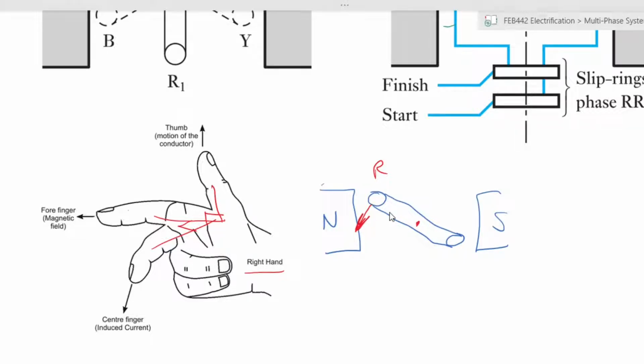And at this particular orientation, once again, your magnetic field stays in the same direction. So the forces that are acting on your point R are the magnetic field in that direction and your motion in that direction. So they are not exactly at 90 degrees to each other. So the action as indicated by the right hand rule will not be exactly maximum, will not be at its peak, but it will have some element of it.